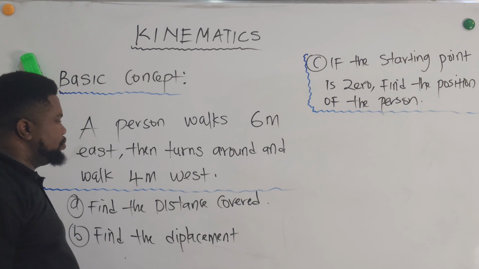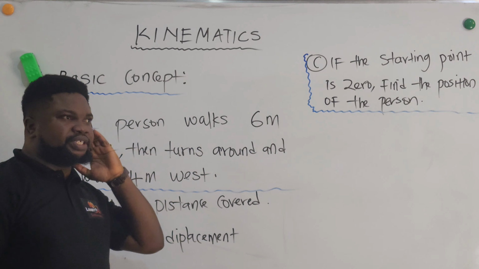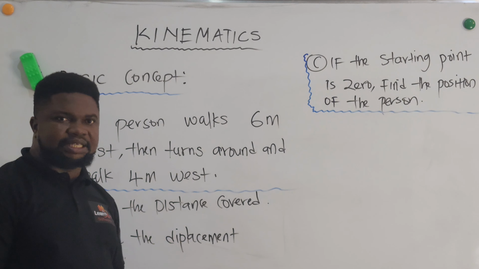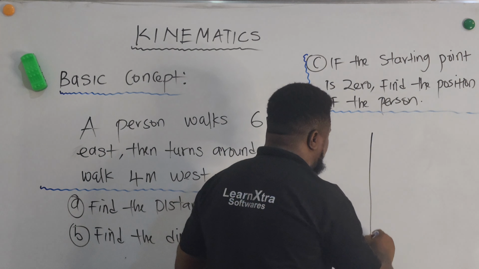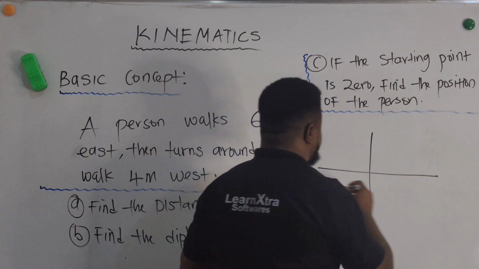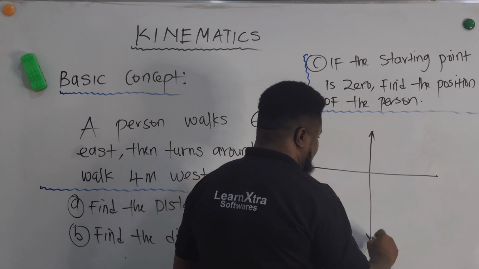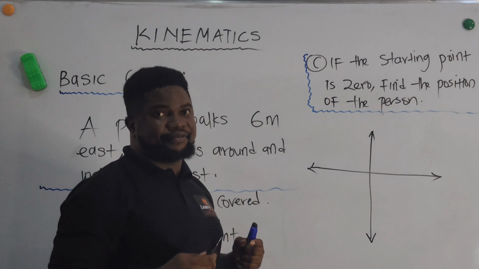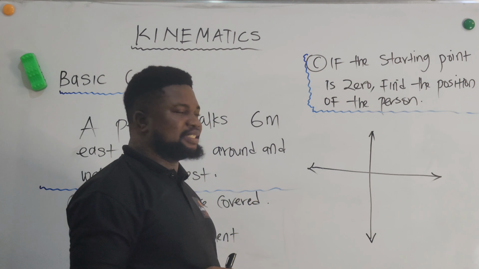And it's simple. Some of us don't understand these cardinal points. When you hear east, west, north, and south, your brains will scatter automatically. Let me show you. Your graph looks like this.